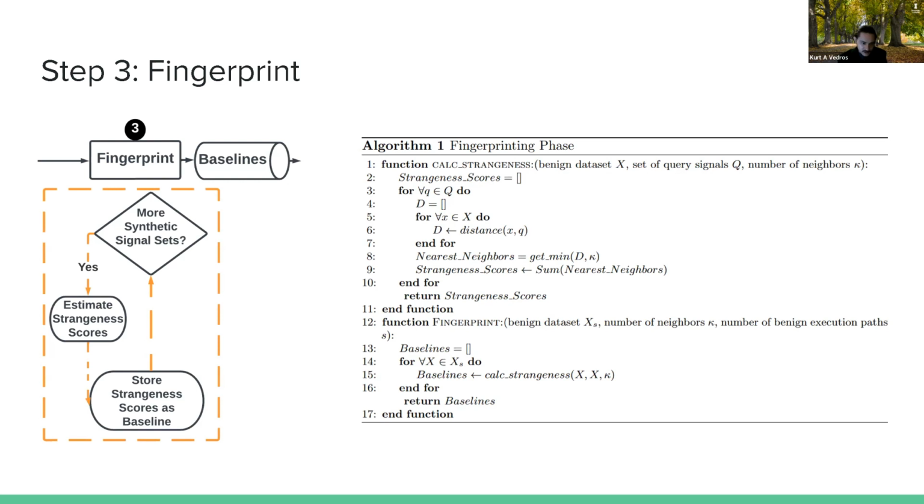Specifically, a strangeness score is estimated by first calculating the distance of an electromagnetic signal to all observations in the set. Then the sum of the k nearest neighbors, or lowest distances, is taken as the strangeness score. Furthermore, the baseline is the collection of the strangeness scores for every electromagnetic observation seen in the benign case. Each baseline for every benign case is calculated and stored in an overall data set and is accessed during the next step.